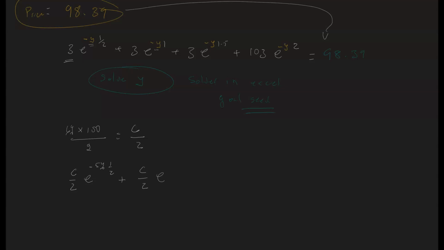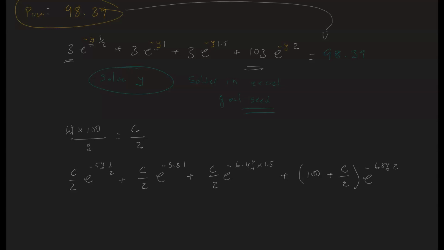The zero rate for the 1 year is going to be minus 5.8% multiplied by 1, plus C divided by 2 times exponential of minus 6.4% multiplied by 1.5, and then the last one is going to be 103. 103 was 100, which is face value, plus the coupon payment, which is C divided by 2, that we now discount at minus 6.8% multiplied by 2.